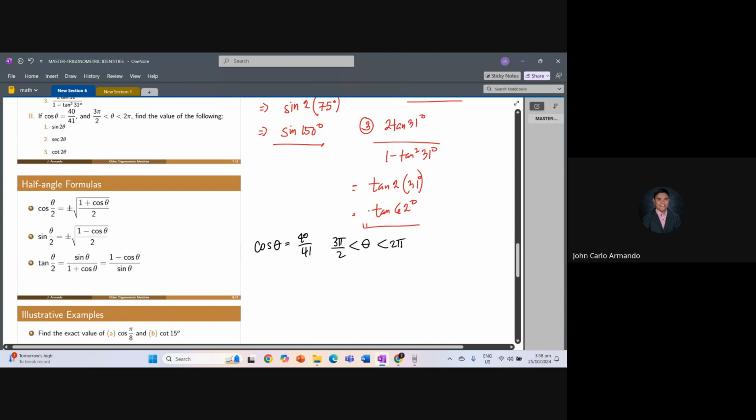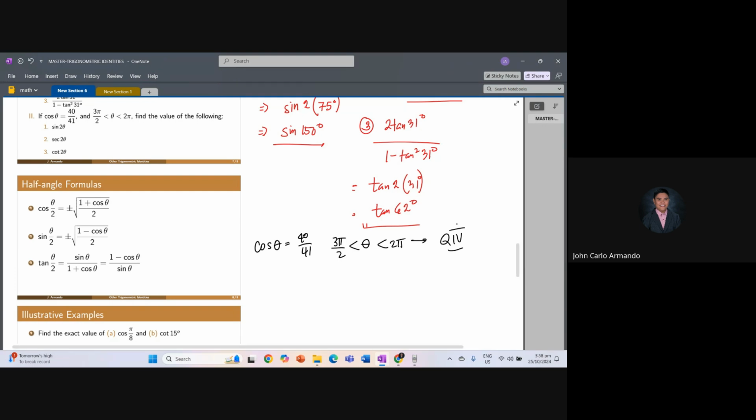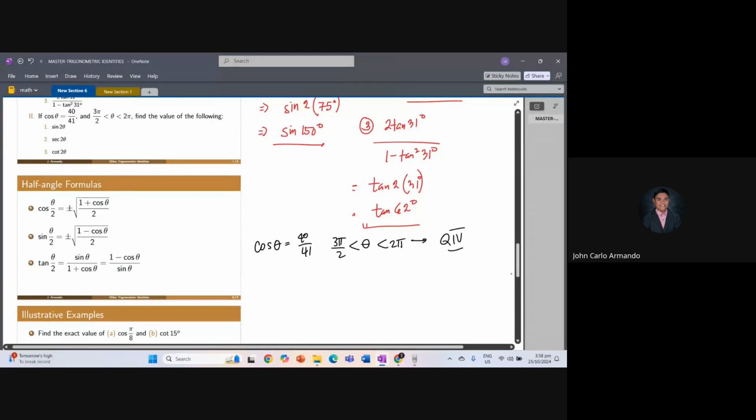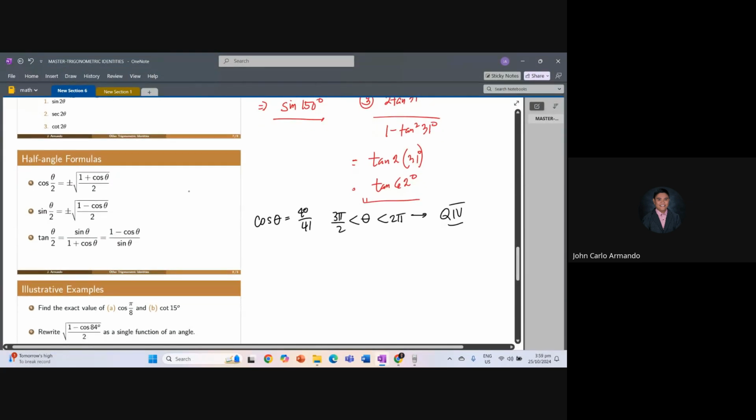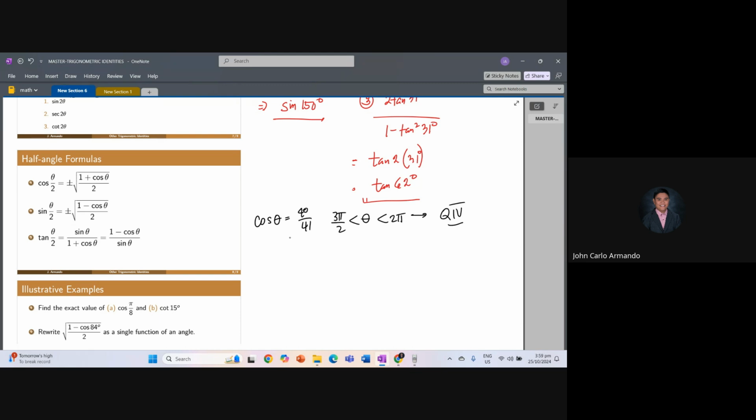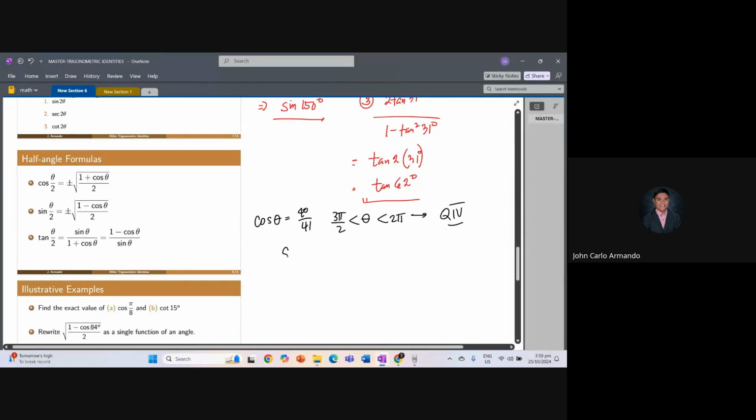Eh, alam naman natin, kapag between 3 pi over 2 and 2 pi, yan ay nasa quadrant 4, right? And kapag quadrant 4, si cosine ang positive, negative si sine. So we solve for the value of sine theta first. Instead of the SOHCAHTOA, we can use naman the identity para may variation.